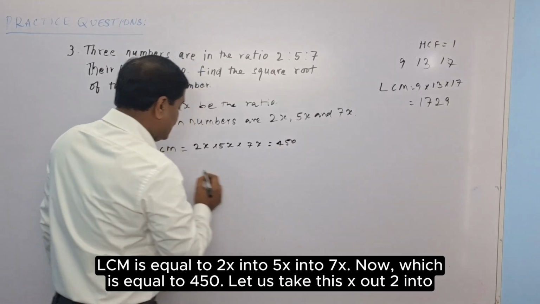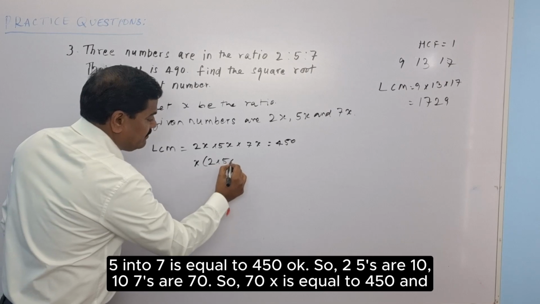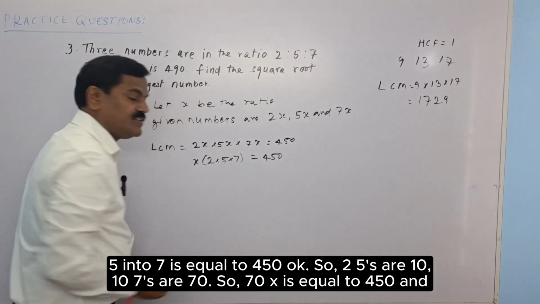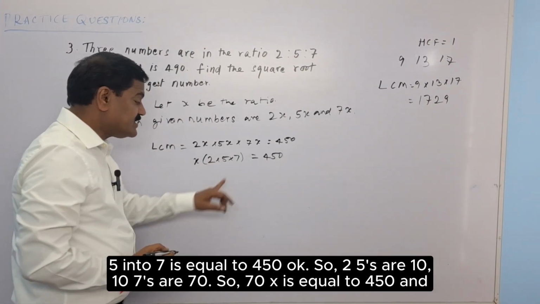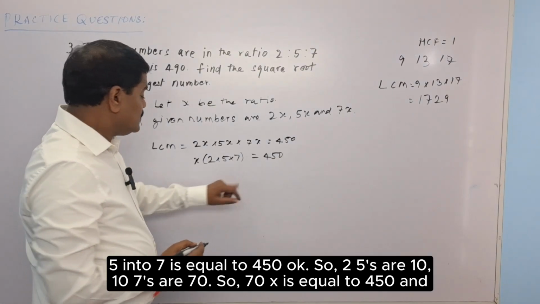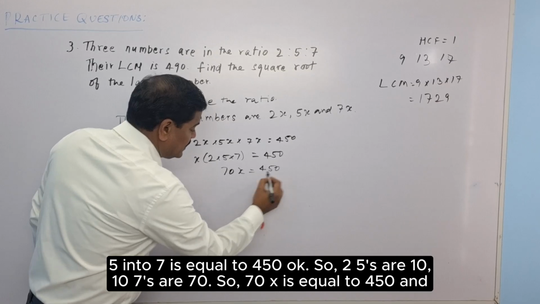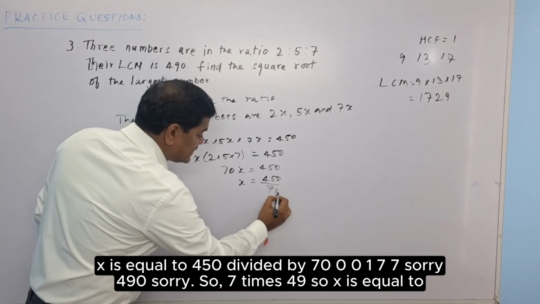Okay, now let us take this x out. 2 into 5 into 7 is equal to 490. Okay, so 2 5s are 10, 10 7s are 70. So 70x is equal to 490 and x is equal to 490 divided by 70.